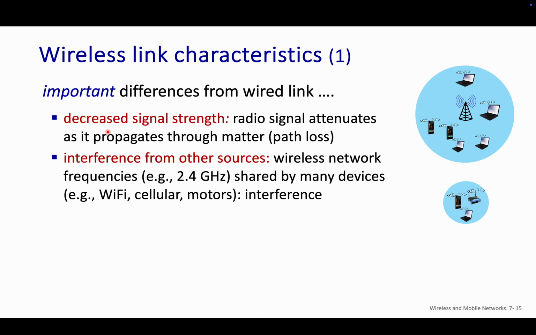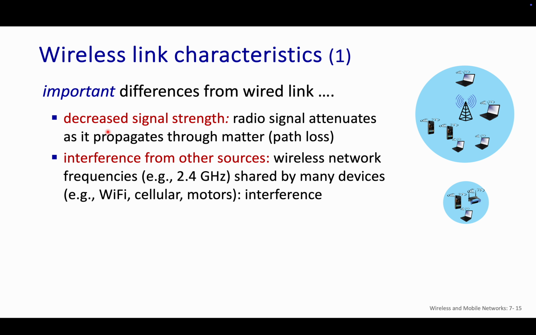Now, because wireless is inherently broadcast, we have to deal with other sources of interference, especially in unlicensed spectrum where there's no rules. Anyone's allowed to transmit, which is a blessing and a curse. It's a blessing because that means Wi-Fi can transmit whenever it wants to, but it's also a curse because anyone else can also transmit whenever they want to. So we have to deal with weird interference. Microwave is a perfect example of this.